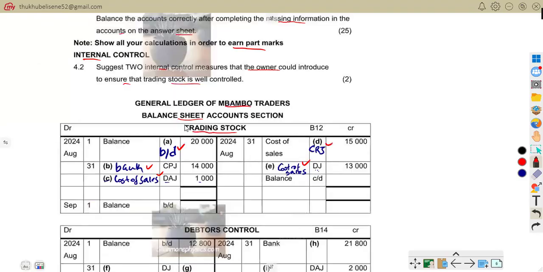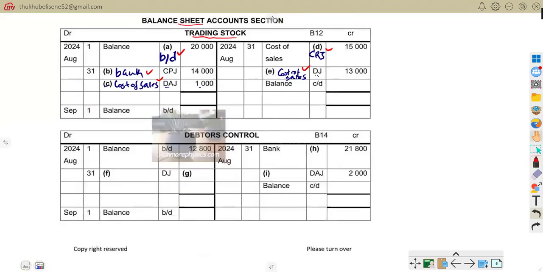So now let us quickly go to debtors control. On debtors control, we are now going to look at F. For F, we have the debtors journal for goods that we sold on credit.